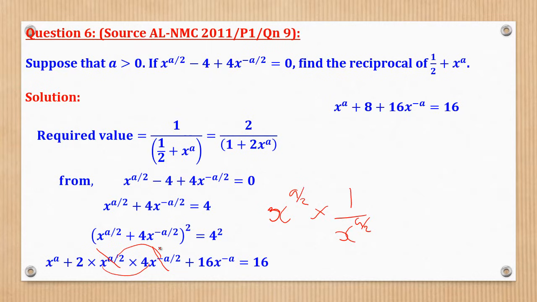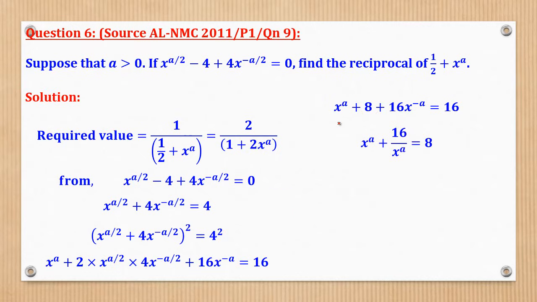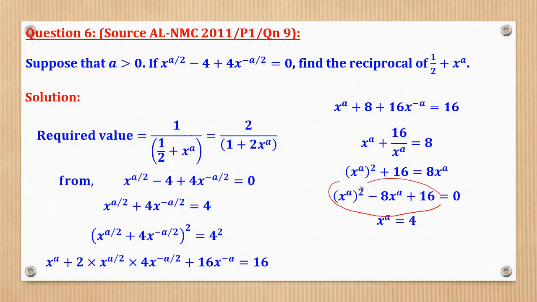Like this also works. So 2 times 4 will be 8. That's why you're seeing 8 there. So x power a plus 16 over x power a will be equal to 8. When I multiply that by x power a, I'll come up with this, which gives me a quadratic in x power a. Another way, one could say let y be equal to x power a.